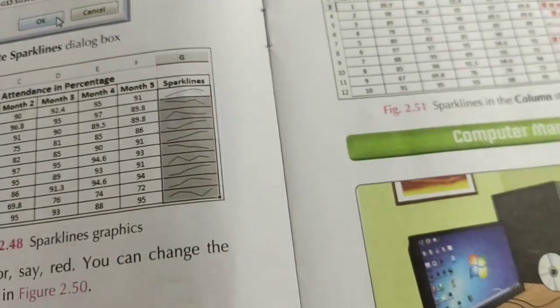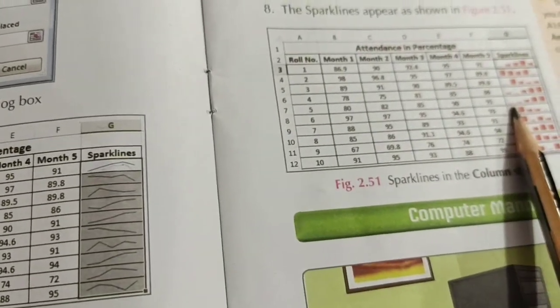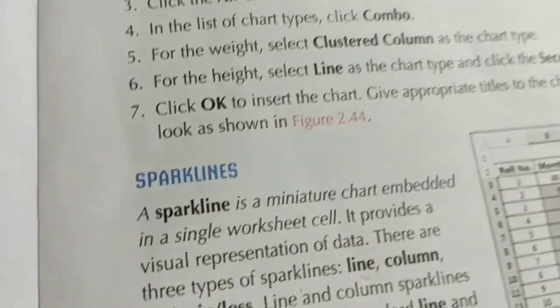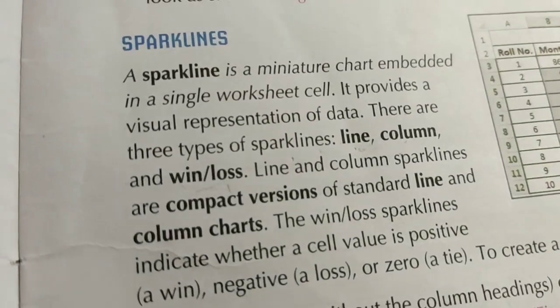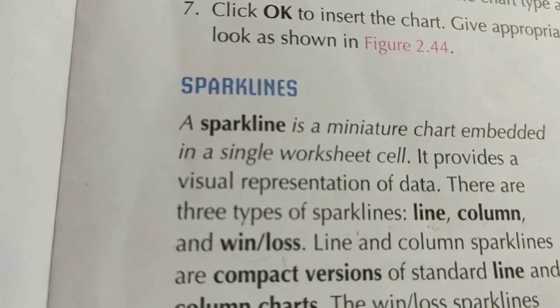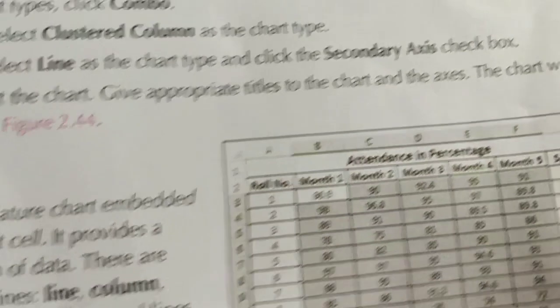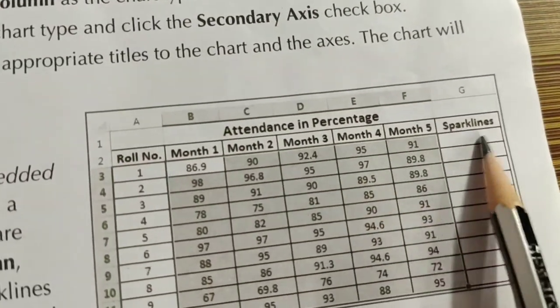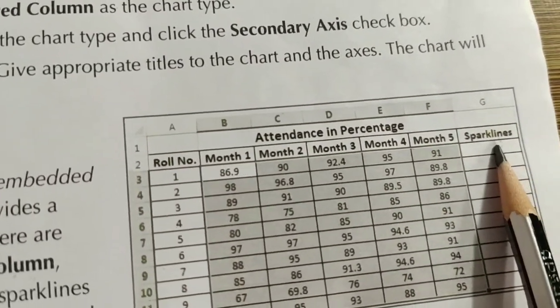Now the three types of sparkline: one is line, another is the column, and the third one is win and loss. This win and loss is not given here, but this sales value indicates positive and negative.